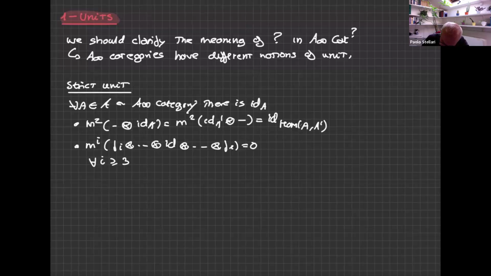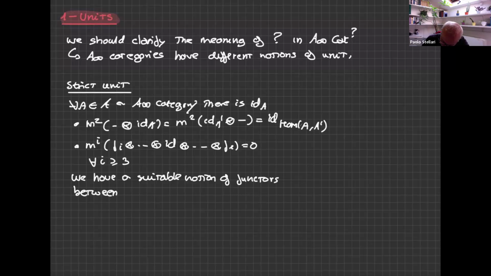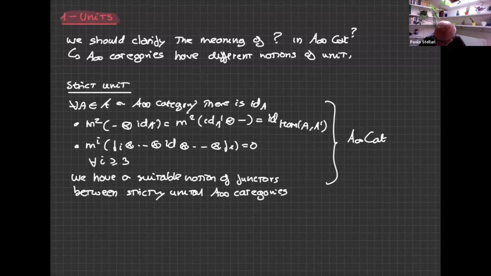We also have a notion of functors between strictly unital infinity categories, and all together they form the category A infinity, which I will denote A infinity cat. So it means that the question mark is just the empty set. There is no requirement.